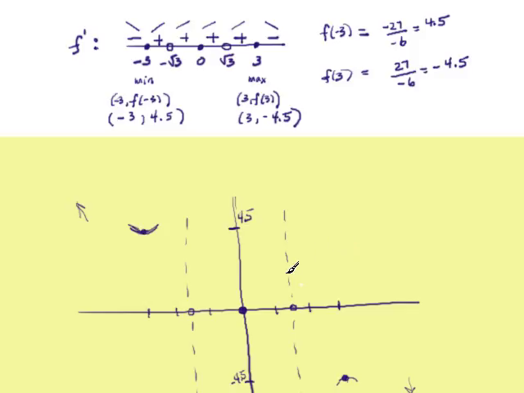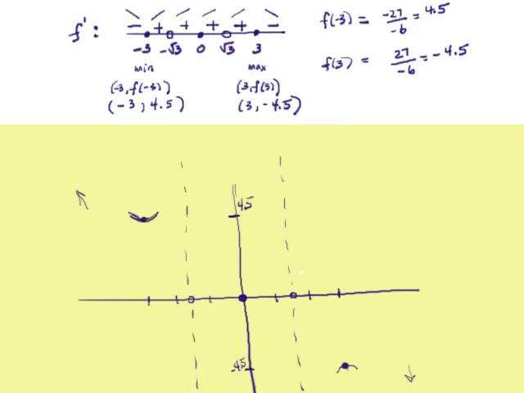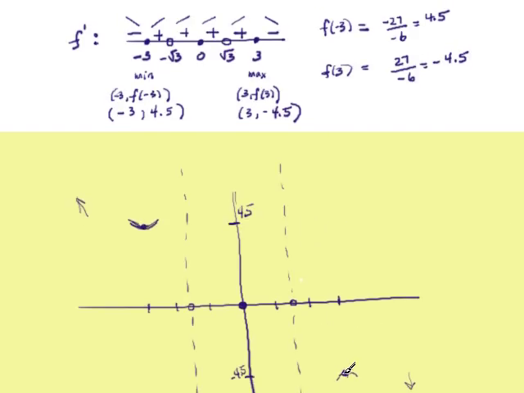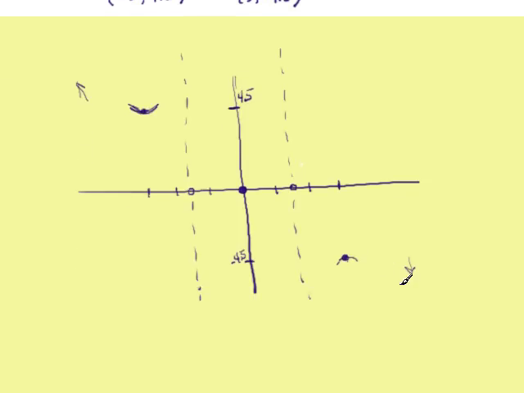Okay, now let's see. Here we have our vertical asymptotes. Starting on the right, is the curve going to go up or down here? Well, since this is a max, it seems to me that if we continue this, the curve is going to go down, because on the right it ends up going down.